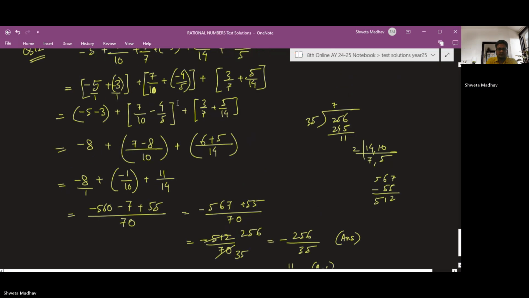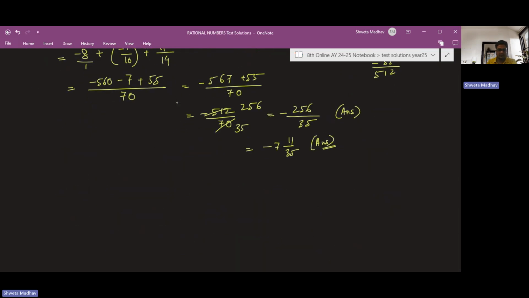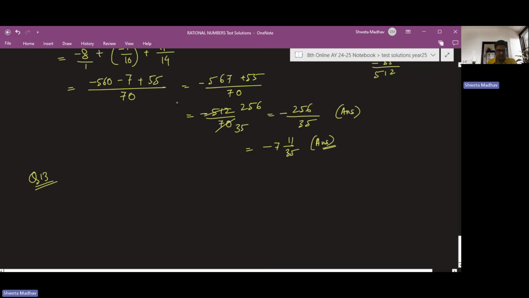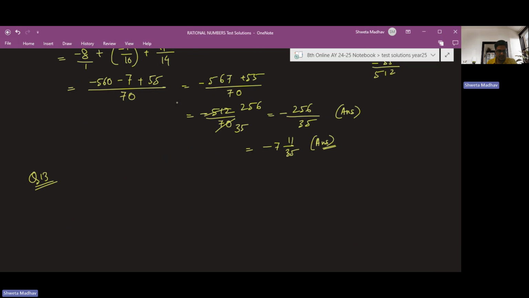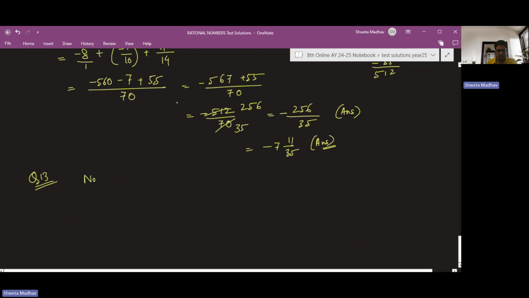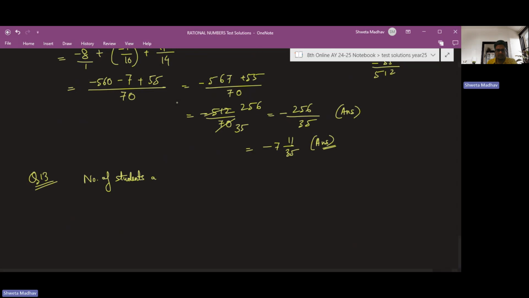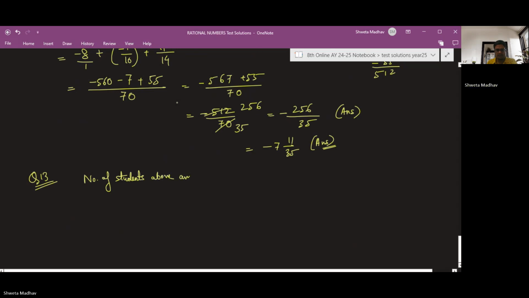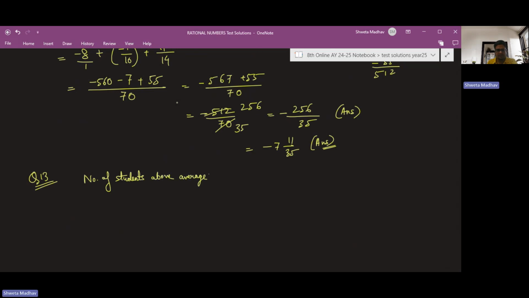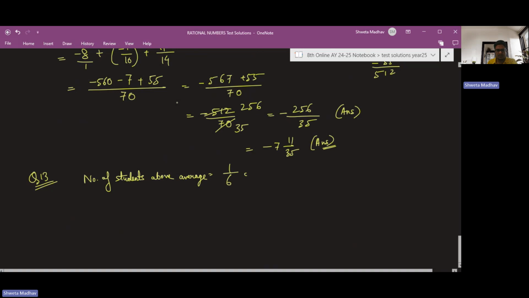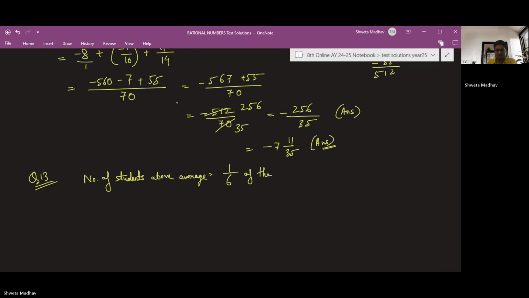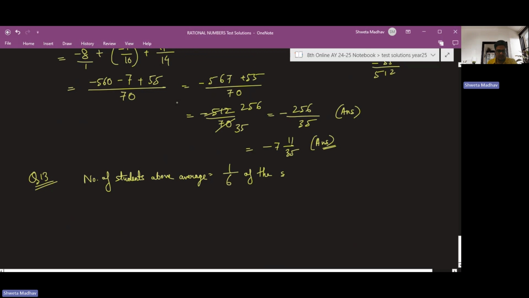Then in question number 13, it has been told that 1/6 of the class students are above average. So the number of students above average is 1/6 of the class students.